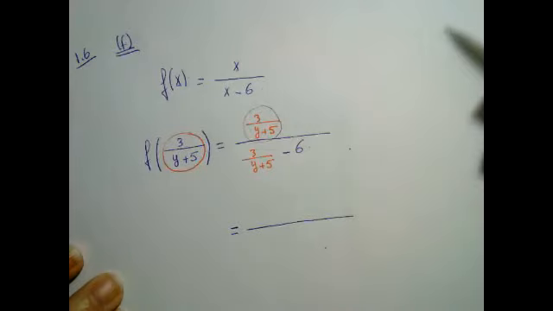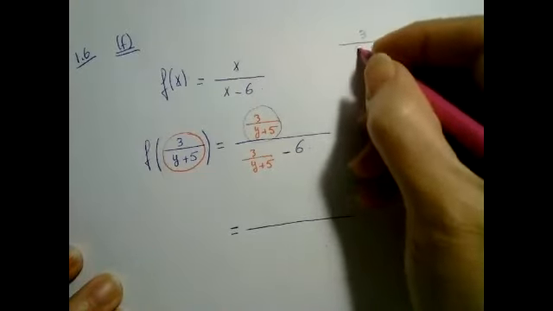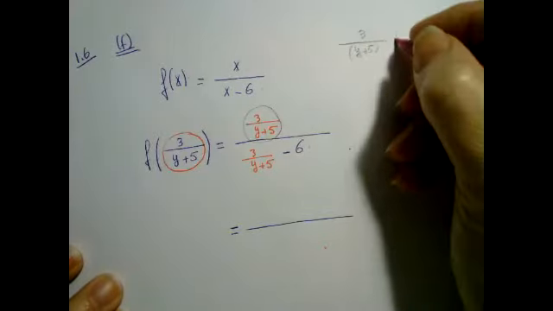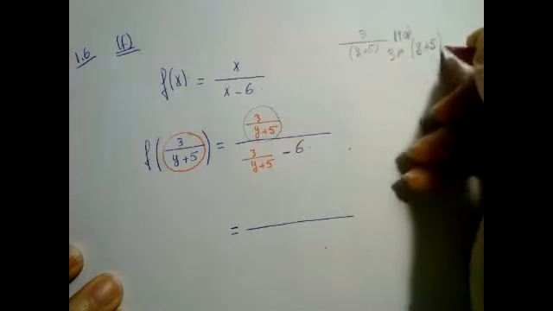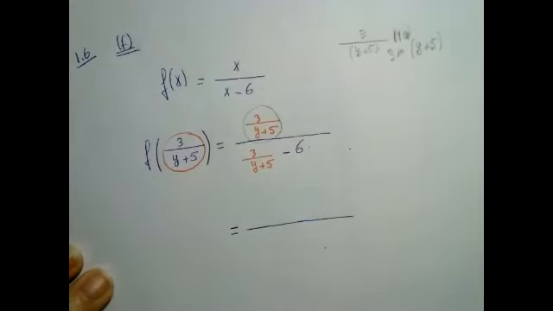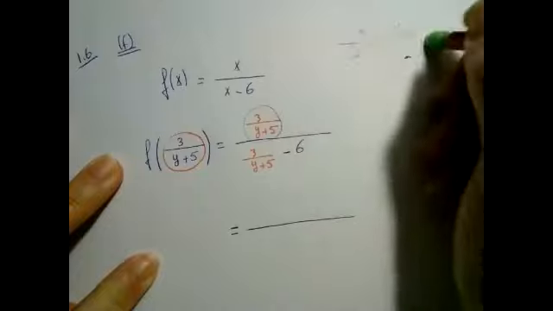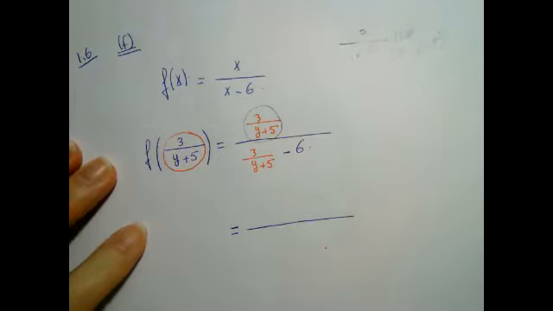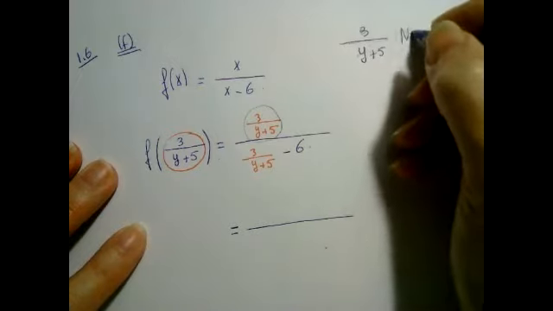No, you're dividing. Be careful. Yeah, it's 3 divided by this whole quantity. It's divided by it, not multiplied by it. Do you understand? Okay, so we are dividing, not multiplying. So what do you mean by 3y plus 15? Okay, so it's 3 divided by that. So it's not 3 multiplied.